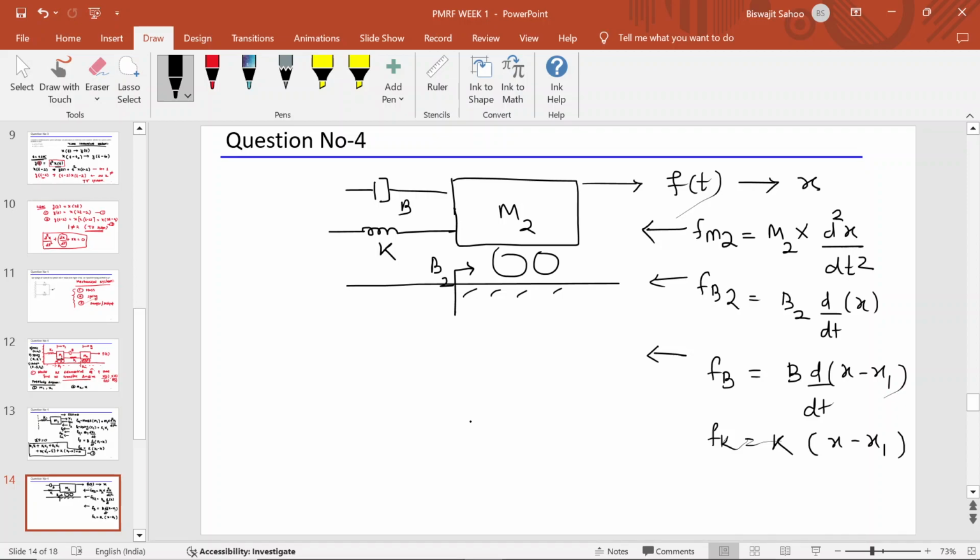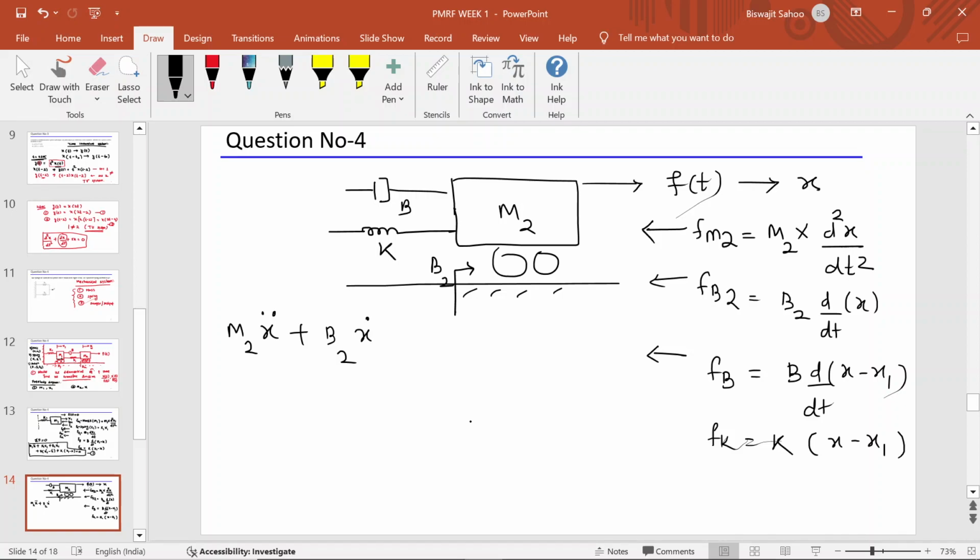So you can write the differential equation now. The sum of all the forces equal to 0 means my left hand side force equals the right hand side force. So I'm writing m2 x double dot plus b2 x dot plus b times x dot minus x1 dot plus k times x minus x1, which is nothing but f of t. This is my second differential equation. Why am I solving this question?